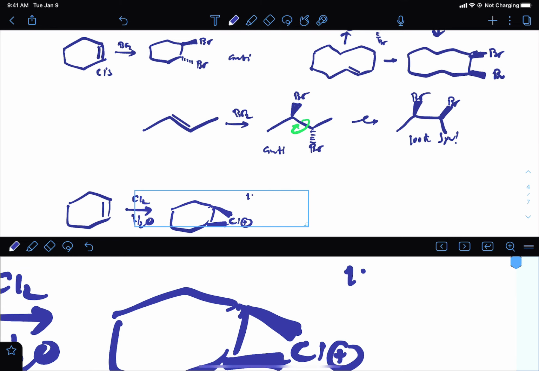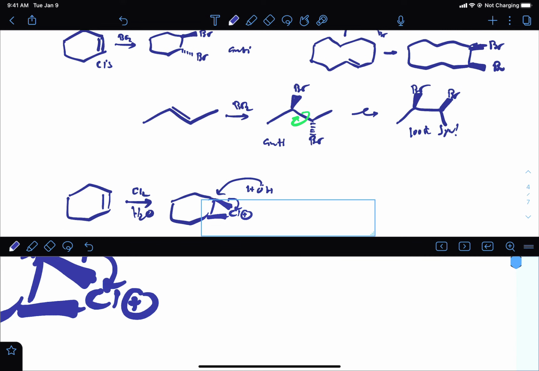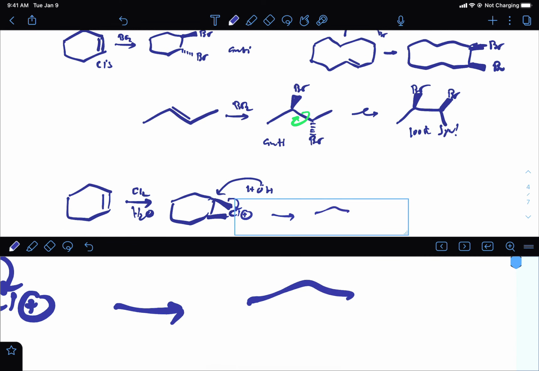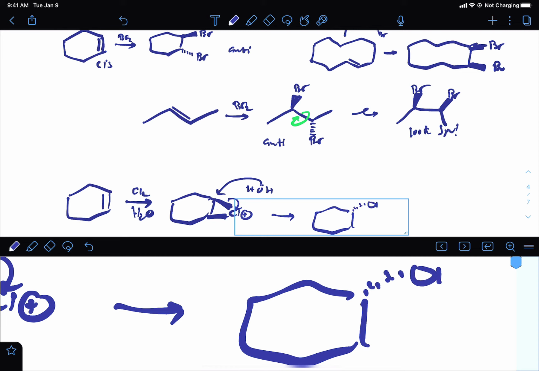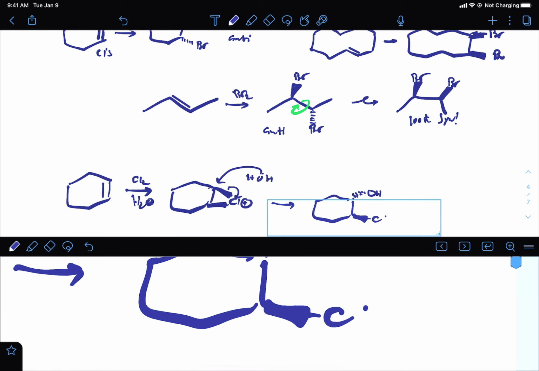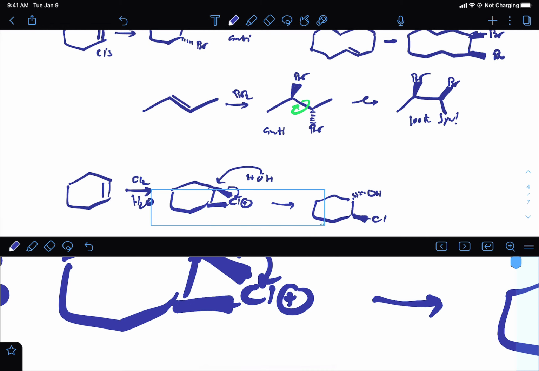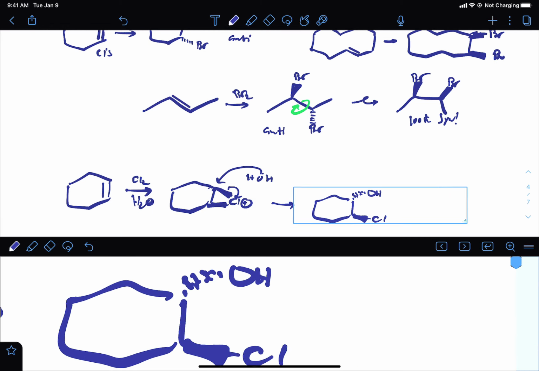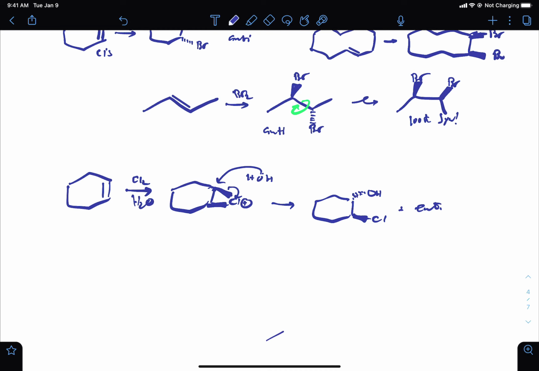And then the water opens that up. So the water, or the OH, would be on the back side, and then the chlorine would be on the front side. That's only because we made the chloronium wedged. If you made the chloronium dashed, you get the other configuration.